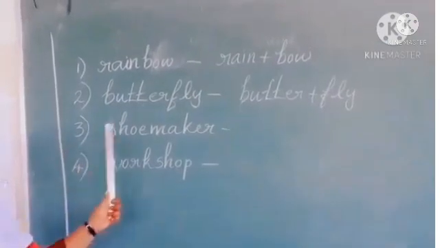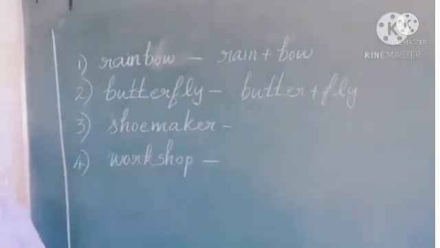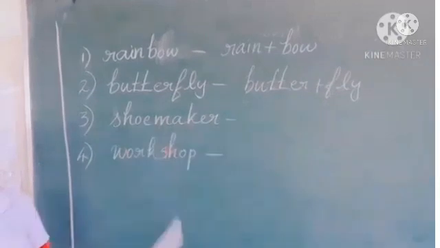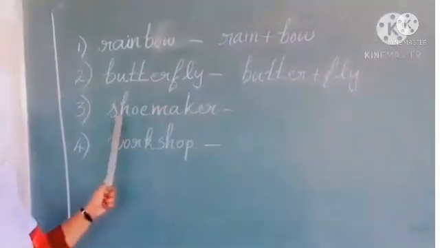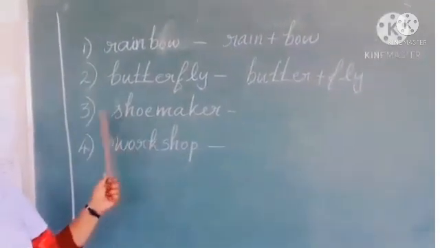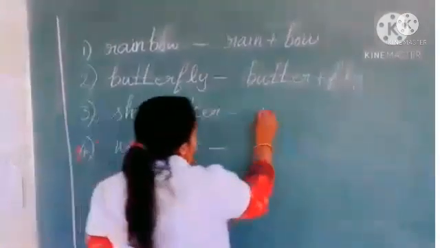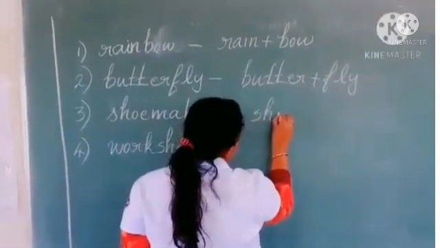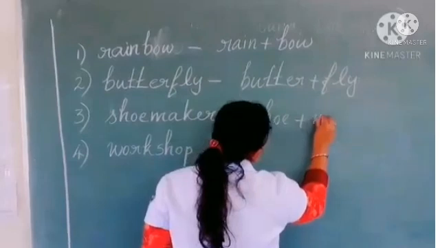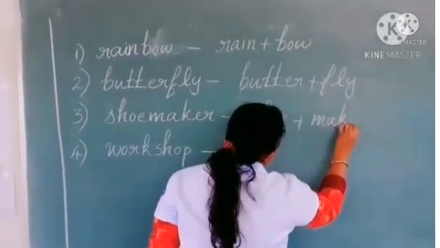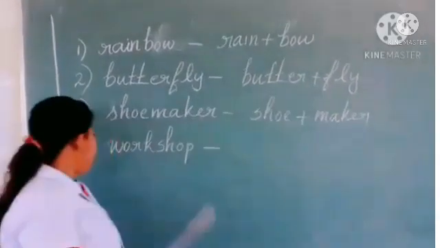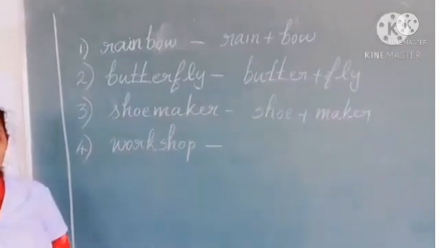And the third one is shoemaker. Yes, shoe plus maker. So, it joined together and formed a new word that is shoemaker. So, we can write the two short words like this. Shoe plus maker, shoemaker.